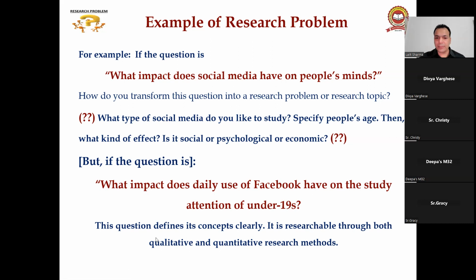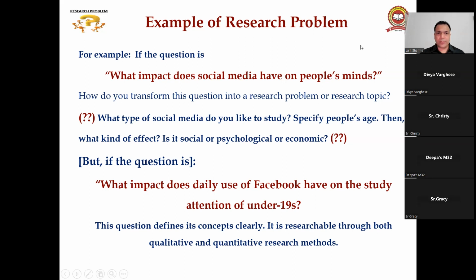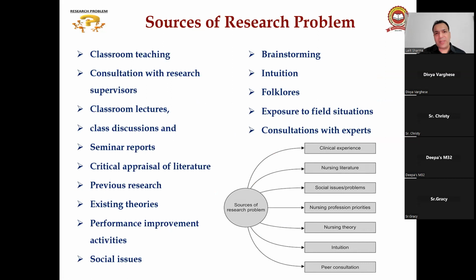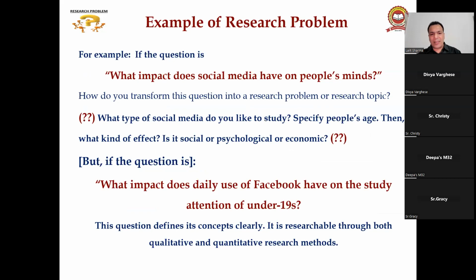It is researchable through both qualitative and quantitative research methods. Now we talk about the sources of research problem. You have come to know that whenever you define any research problem, you have to define it completely. If I go back to the previous slide: what impact does daily use of Facebook have on the study attention of under 19s?